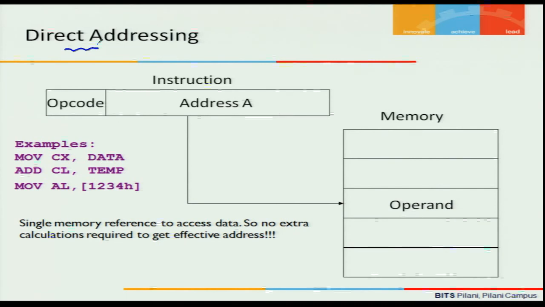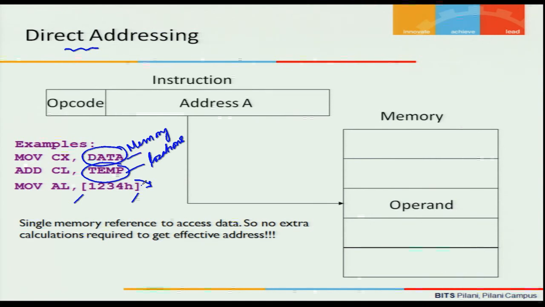The typical composition of this addressing mode would be, for example, as you can see here, something like move CX comma data or move CL comma temp, where data and temp are actually memory locations. Or if you are very explicit, you could say move AL comma within square brackets, and these square brackets are important, within the square brackets, a memory location. So this is how we write the direct addressing.